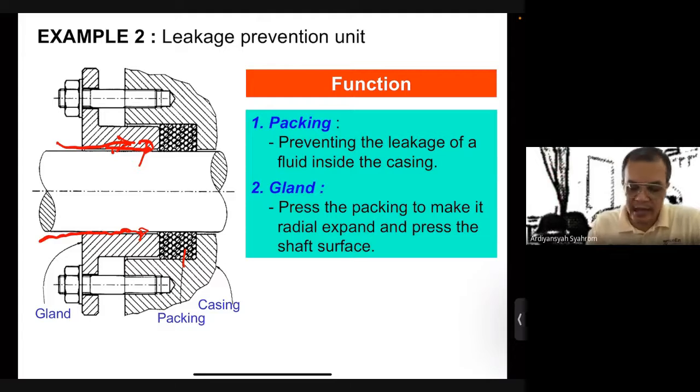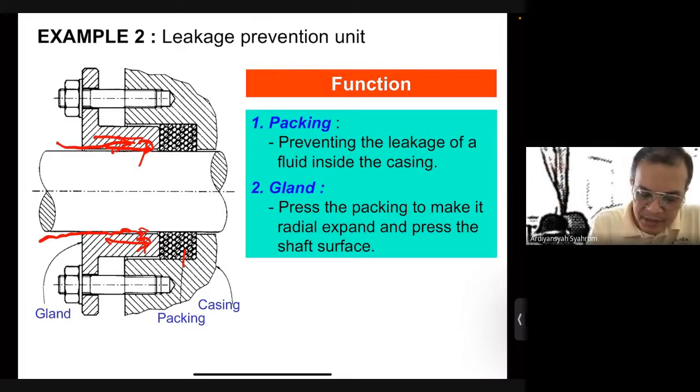Second, gland. The gland presses the packing to make it expand radially and press the shaft surface. So when you press with the gland, the packing will expand, move to here, and at the same time expand in this direction.